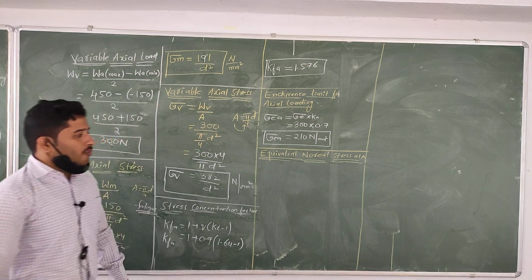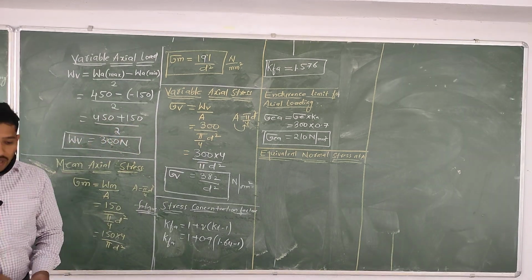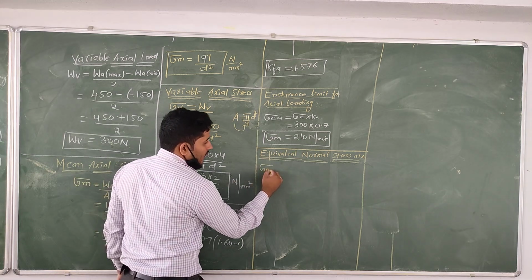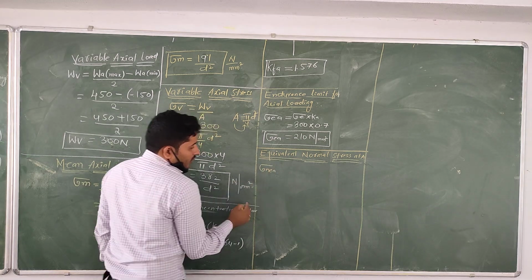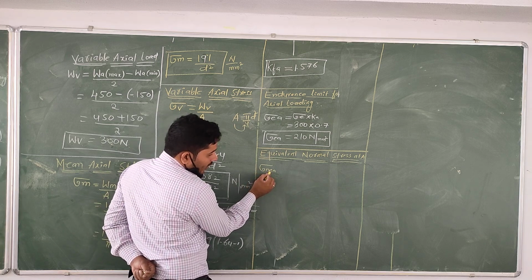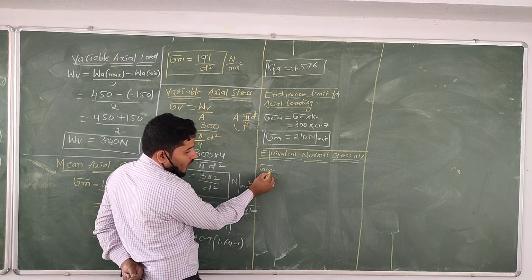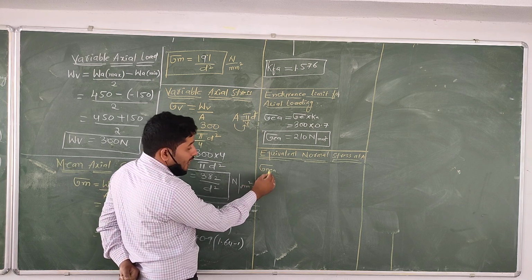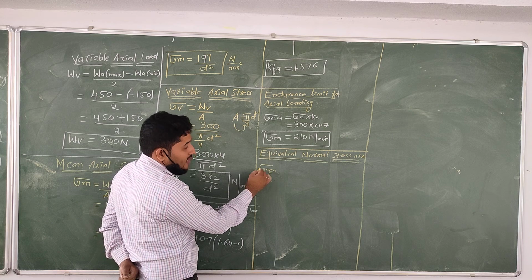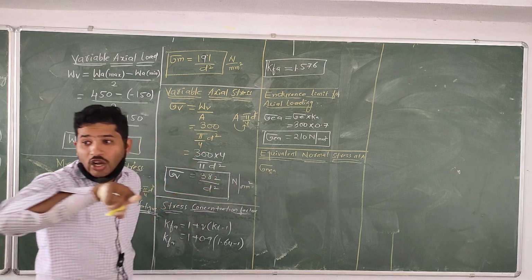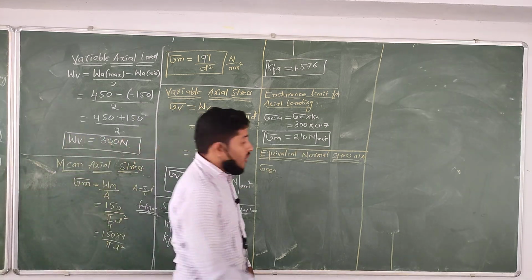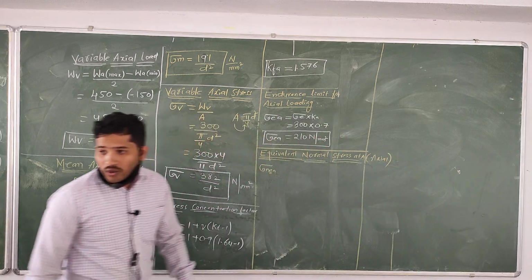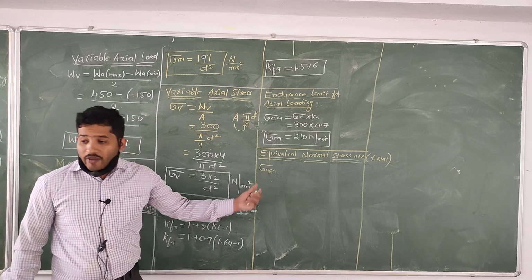So for the equivalent normal stress acting at A point, which formula we have to use? Sigma NE. E indicates equivalent, N indicates normal, and sigma indicates stress. Axial load is acting. The nature is axial. Then for that reason, which formula we have to use?